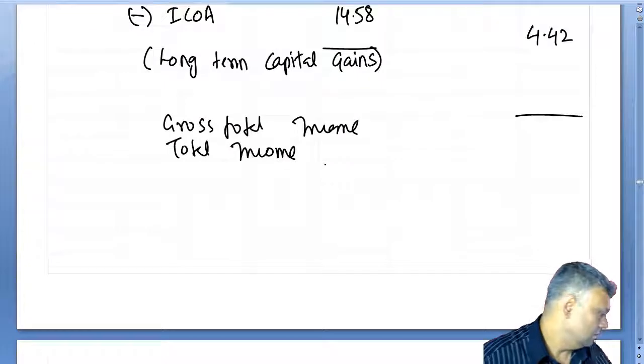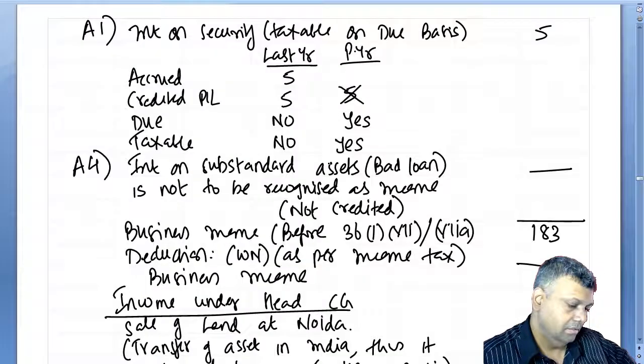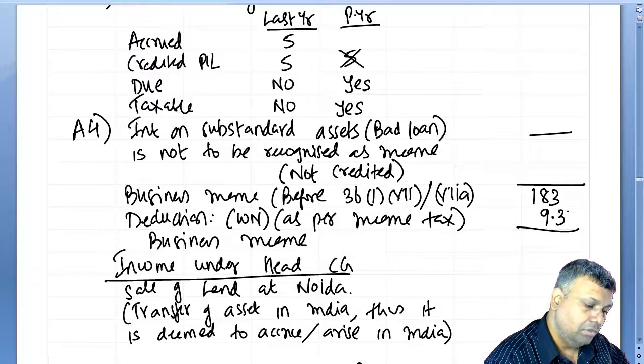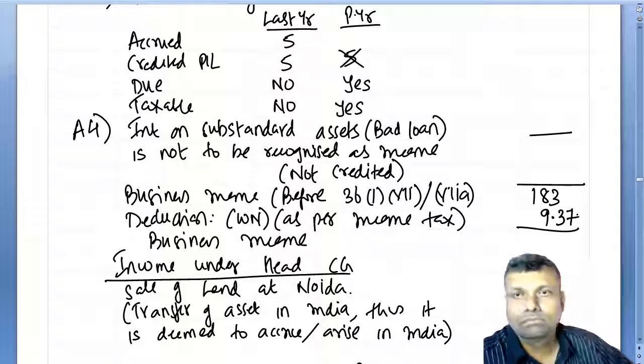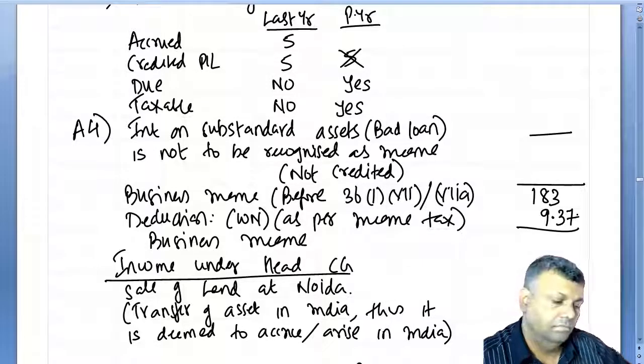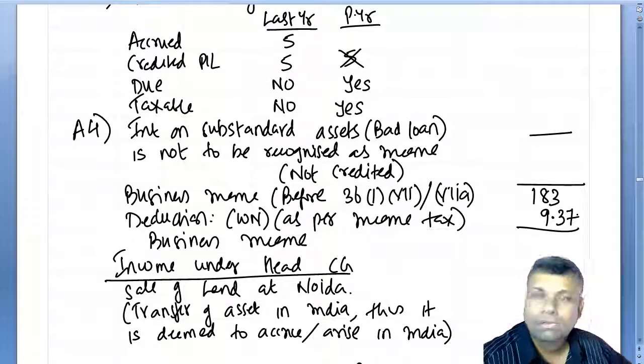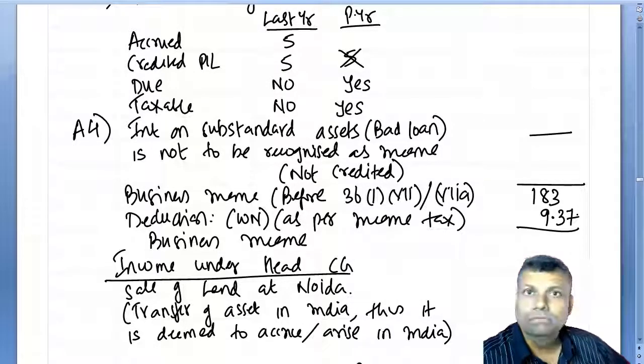Okay. So, come here. 183. Deduction working note as per income tax. It is 9.37. That's all.